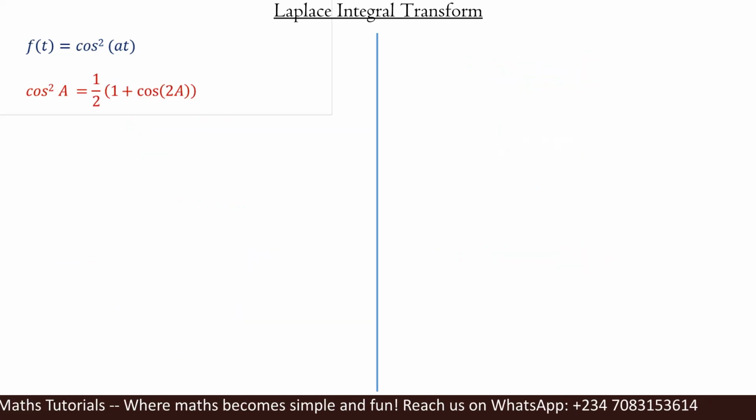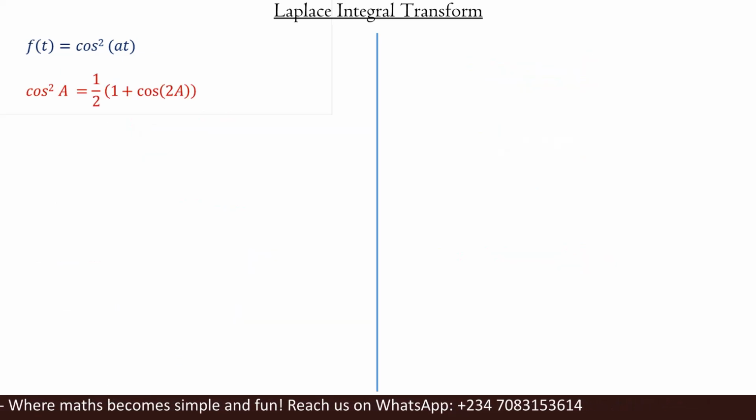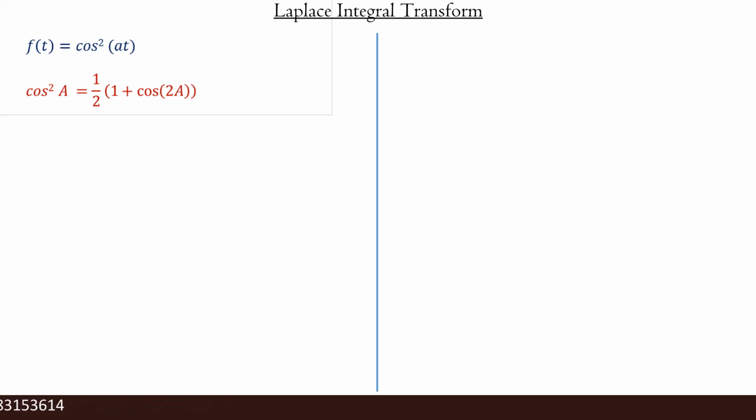Now let's go to the second one, f of t equal to cos squared at. You remember the trigonometric relation we just did, right? Now I will say that cos squared a is equal to 1 all over 2 open bracket 1 plus cos 2a.